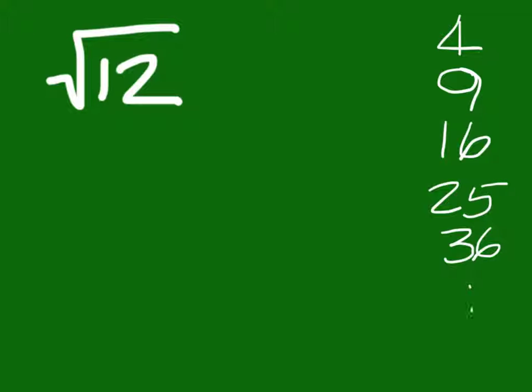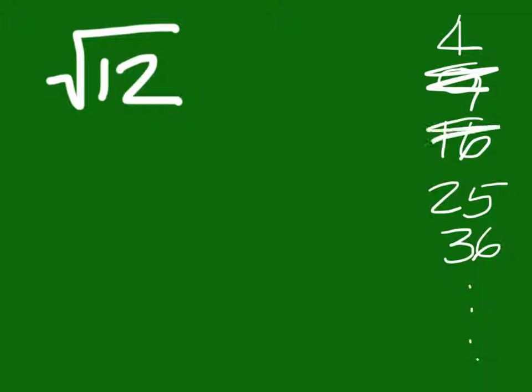Example 1. You have the square root of 12. Again, the perfect squares we're going to concern ourselves with start with 4, and then go to 9, 16, 25, 36, and on out. You never use a perfect square higher than half of what it is that's under the radical sign. Half of 12 is 6.